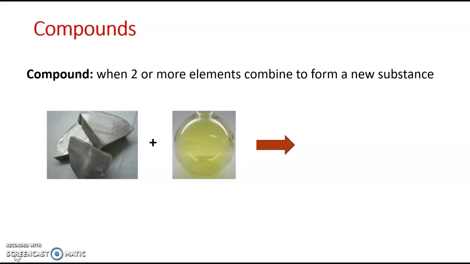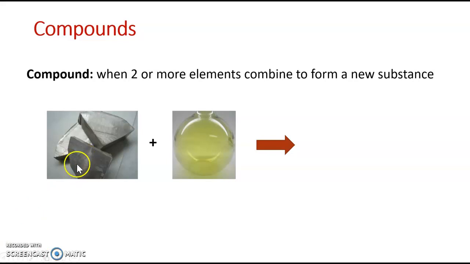So for example, if you have 2 atoms of oxygen that interact with one another to make oxygen gas, that would not be an example of a compound because both of the elements are oxygen. That would be an example of a molecule. 2 elements of the same kind coming together is a molecule. If they are different kinds, then they're going to make a new substance, something totally different, and that's going to be a compound. So let's look at an example of that.